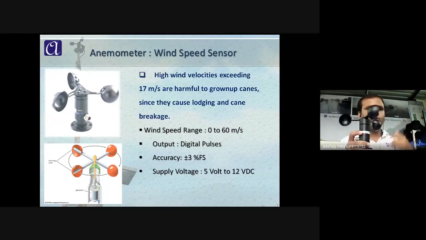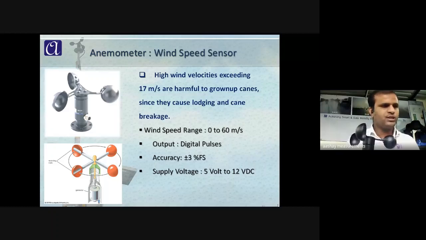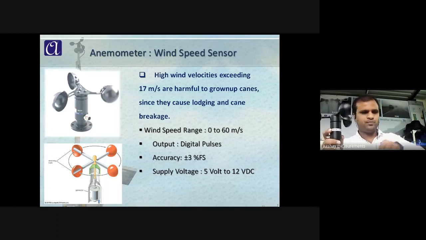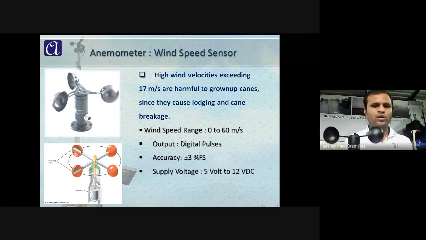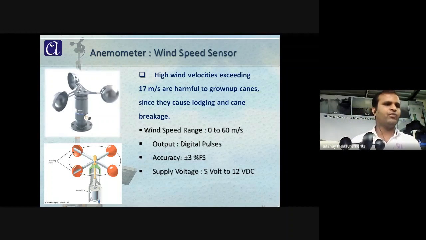And also there is one more principle, that is the ultrasonic principle. Those types of sensors are also available with us. The range of this sensor is 0 to 60 meters per second. We also have one more range, up to 0 to 100 meters per second, that is 0 to 360 kilometers per hour.